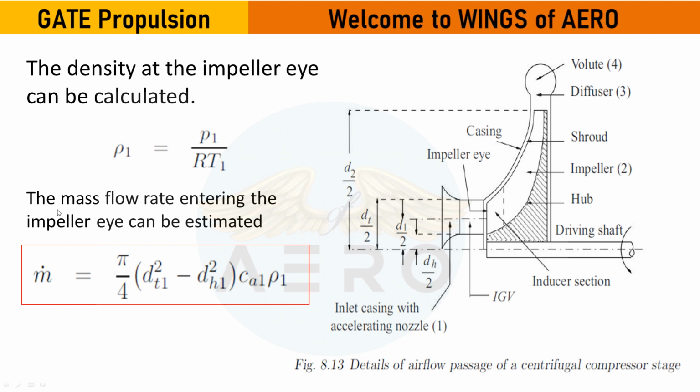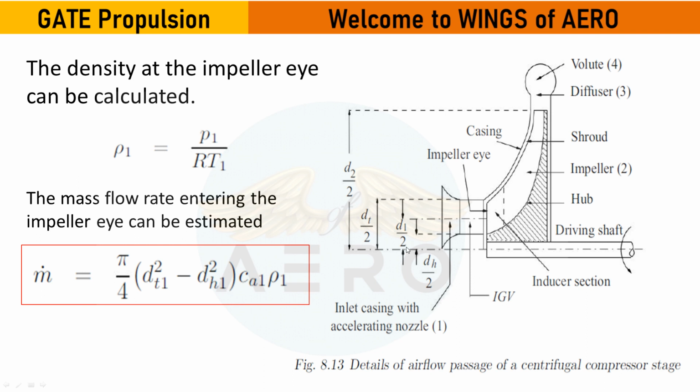Now, how can we find the mass flow rate of the fluid entering the centrifugal compressor, through the impeller eye or whatever they have mentioned? This is the general formula: m dot equals pi by 4 times (d_T1 squared minus d_H1 squared), multiplied by density and velocity. Now what is T1?